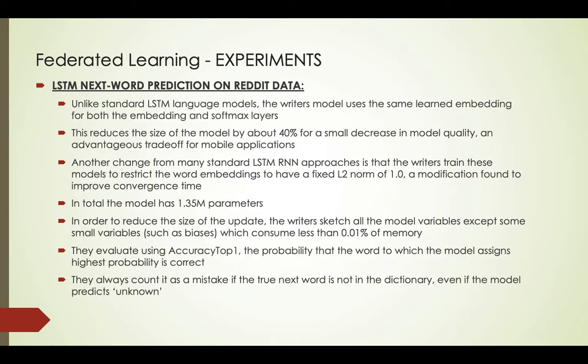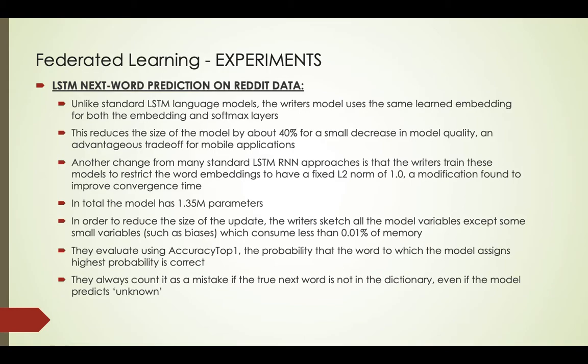Unlike standard LSTM language models, the writers' model uses the same learned embedding for both the embedding and softmax layers. This reduces the size of the model by about 40% for a small decrease in model quality and advantages trade-off for mobile applications.